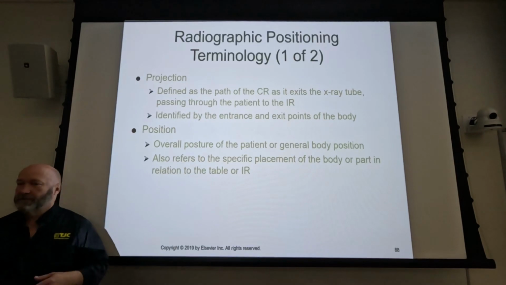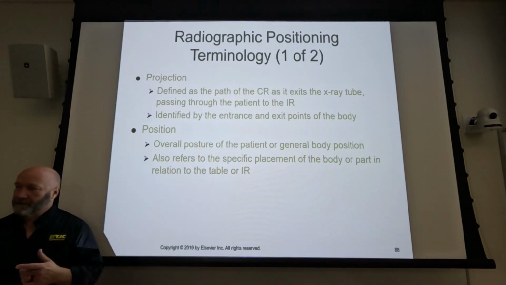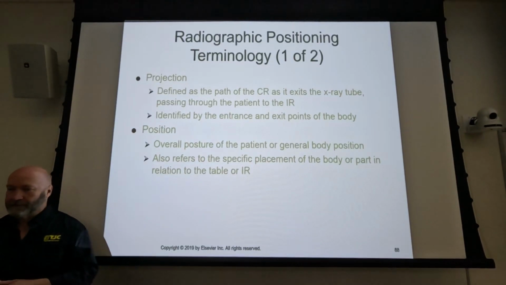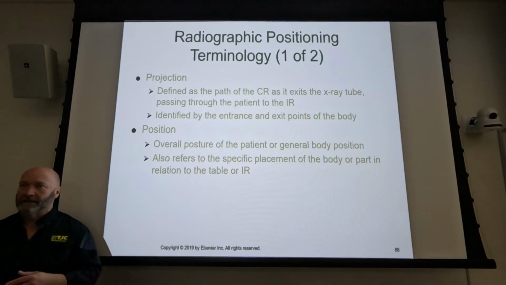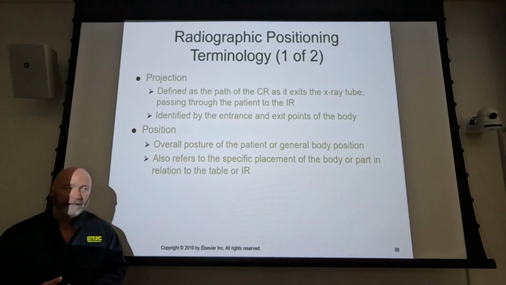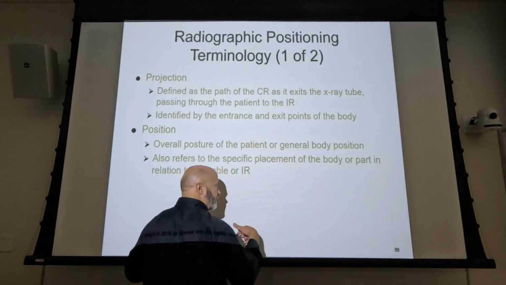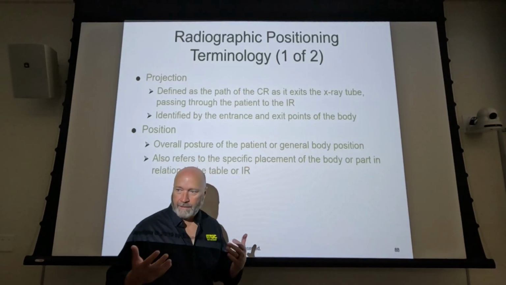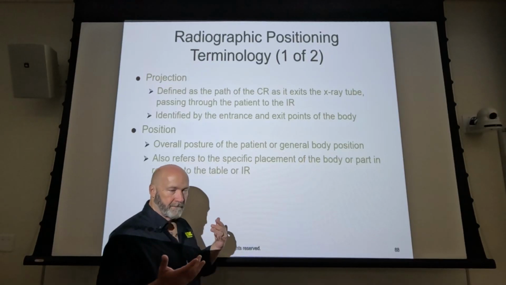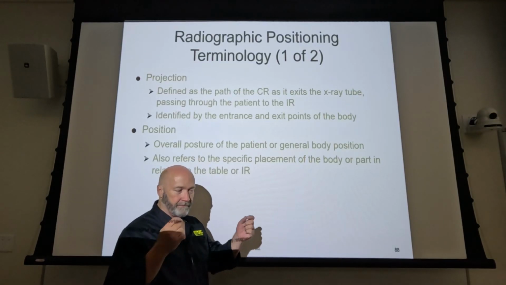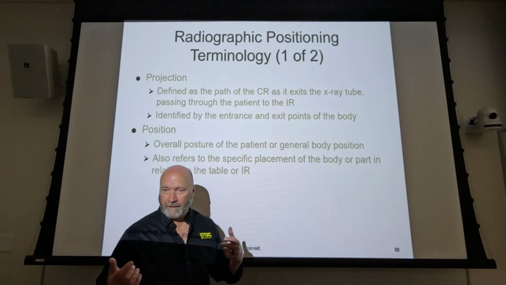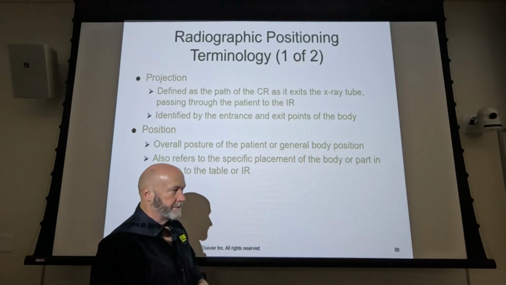All right, so sometimes our positions and our projections can kind of bleed over into each other or have specific implications. So when we do a chest x-ray, we usually do a PA projection and a lateral projection, so we get that 3D perspective of that two-dimensional image.